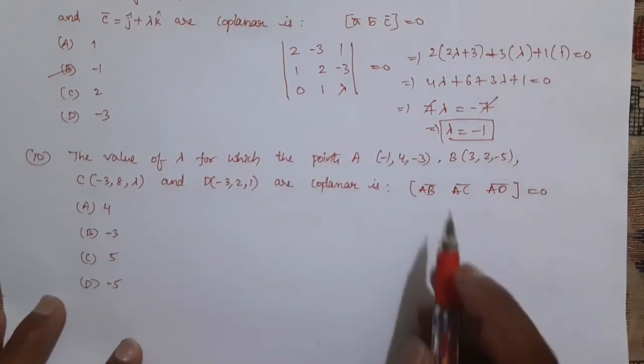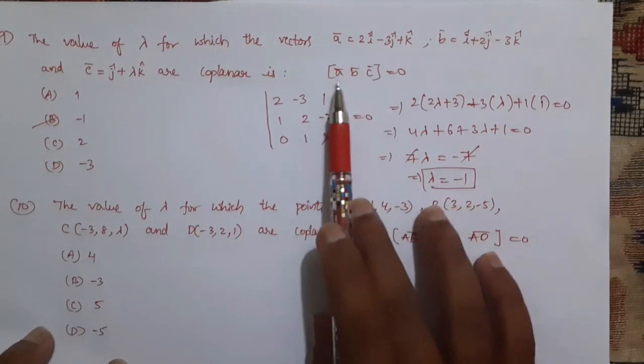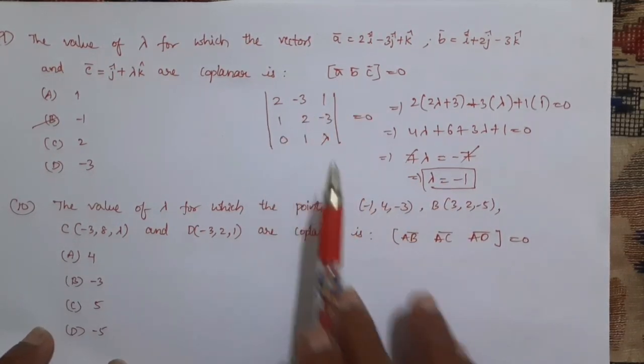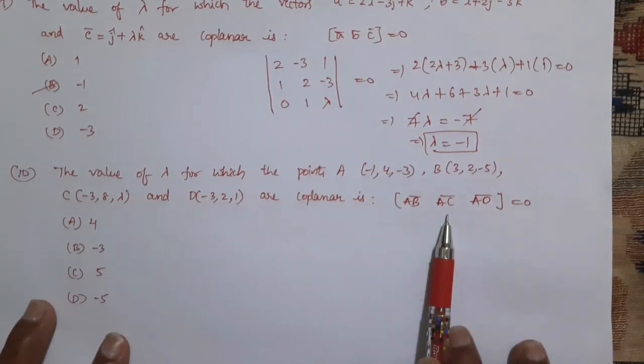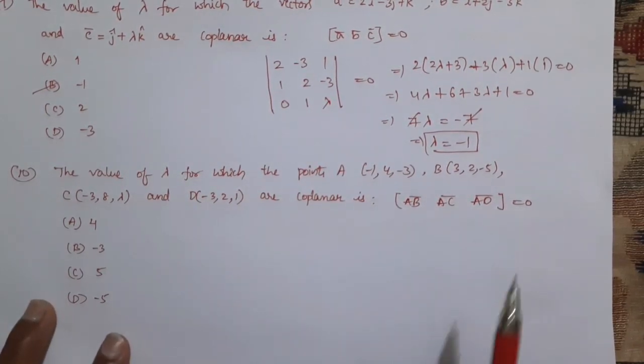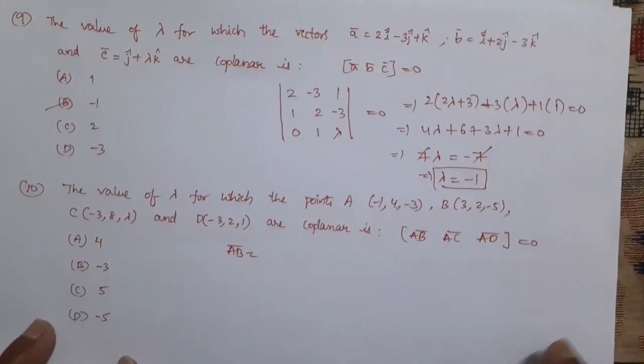Remember this formula. Here, box A bar, B bar, C bar means first A bar, B bar, C bar. Here box AB bar, AC bar, AD bar means first AB bar scalar components, AC bar and then AD bar. So AB bar I will find first. AB bar means OB minus OA.